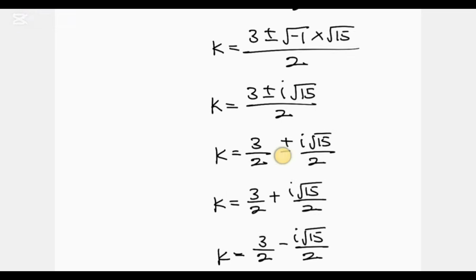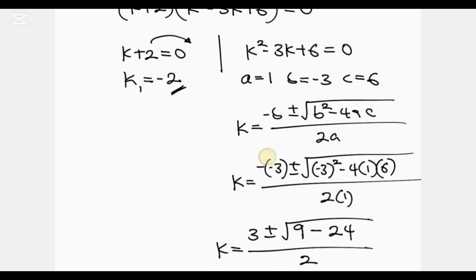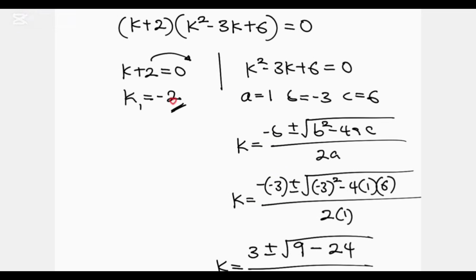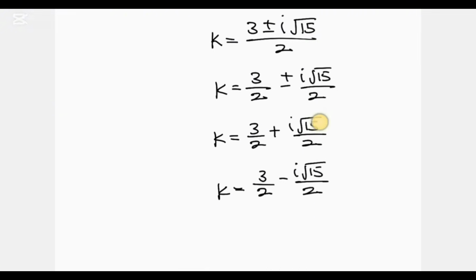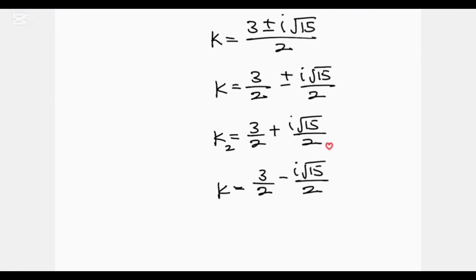So there are 3 values in total, of which the first value we got is negative 2, which is a real solution. Then the other 2 values, this is a complex solution, and the third one is also a complex solution. So 1 real solution and 2 complex solutions.